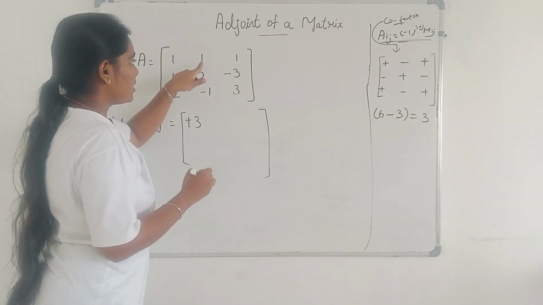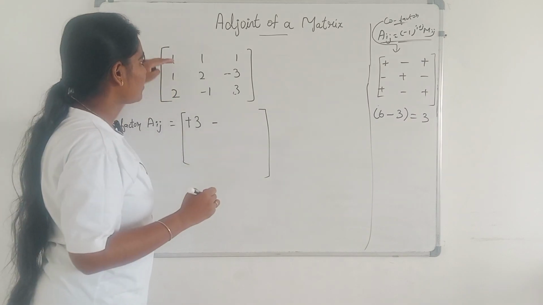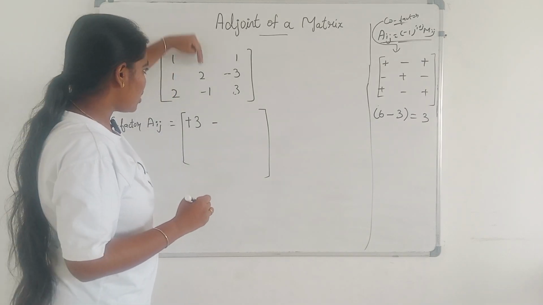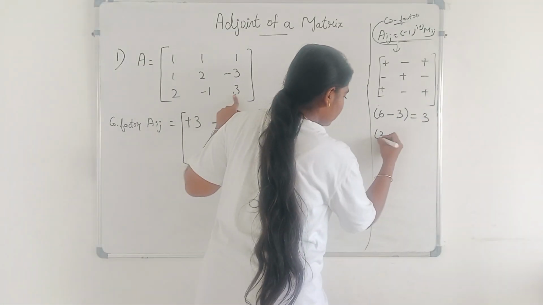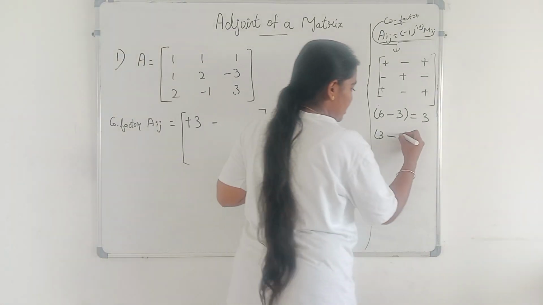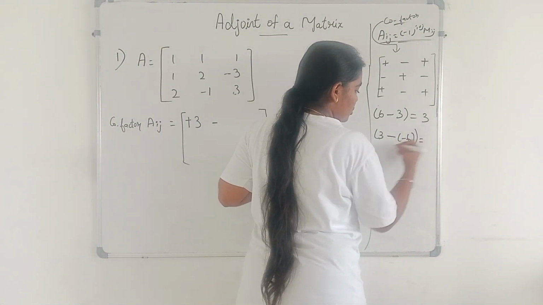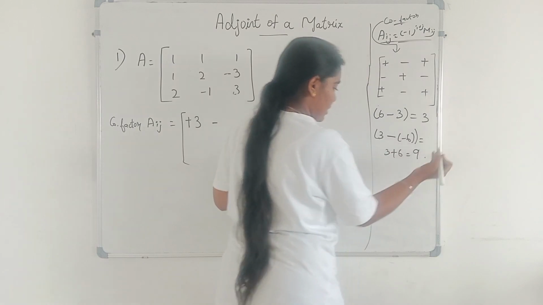So 3. Next, the second element will be in negative sign. So minus, deleting the corresponding row and column, 1 into 3, 3, minus 2 into minus 3, minus 6. So 3 plus 6, your answer is 9.